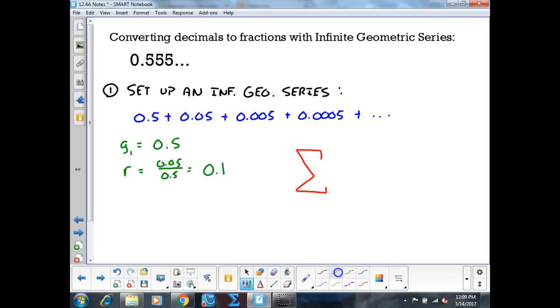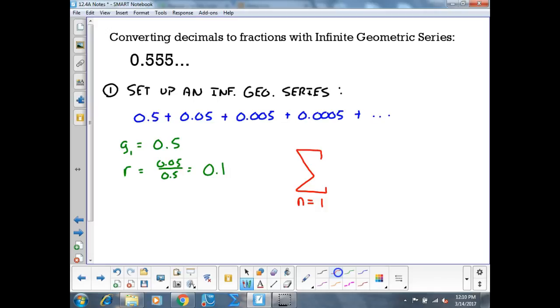Okay? How do we set up a sigma? What's the first thing we got to pick? You got 26 choices. You got to pick a letter. What letter you want to go with? N? Okay. n is going to start at? 1? Okay, that's fine. Where's n going to end at?